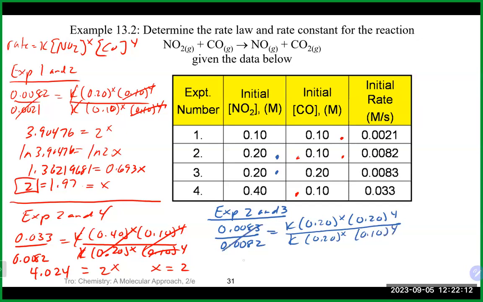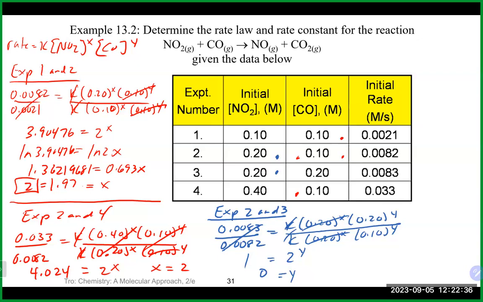That looks pretty close to 1 to me, probably not exactly 1, but pretty darn close. The K's are going to cancel, and this is going to be 2 to the y, which means in this case, y should equal 0, right? Anything to the 0 order will equal 1.